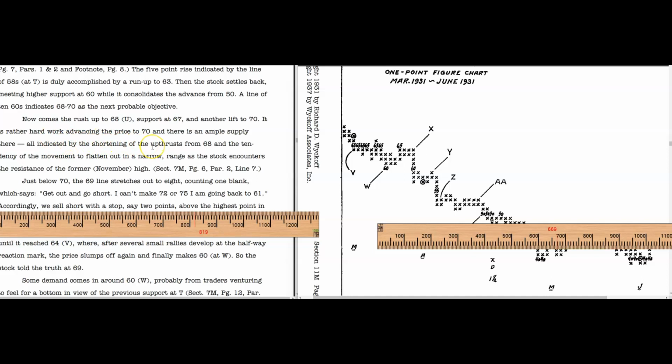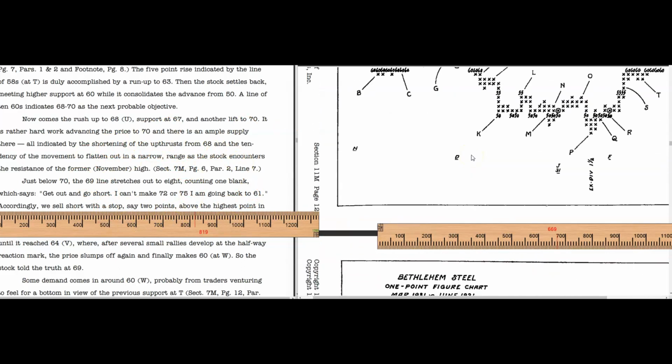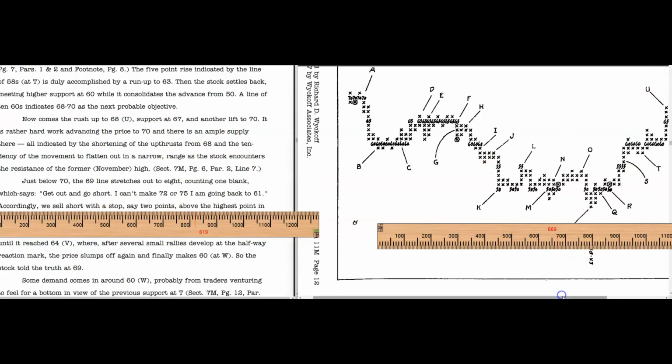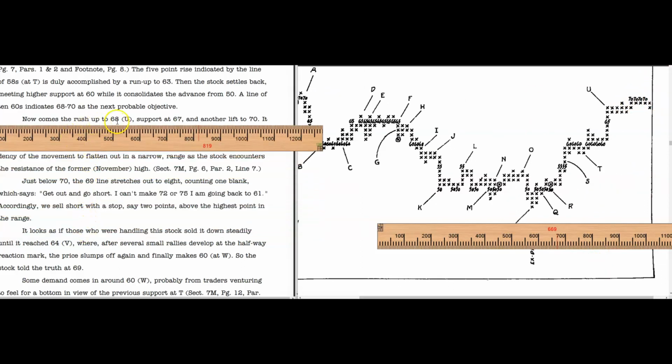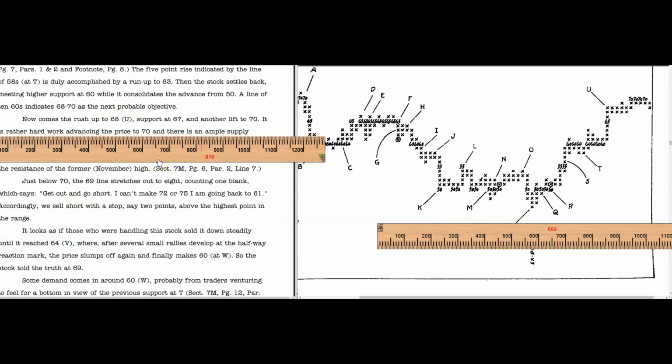All right. Now, before I go any further, I want to just say why his opinion changed up there at this broadening. He says after the stock goes to 68, it's rather hard work to advance the price.